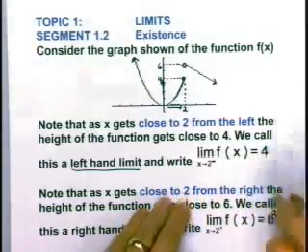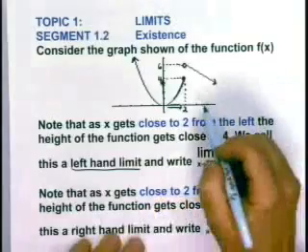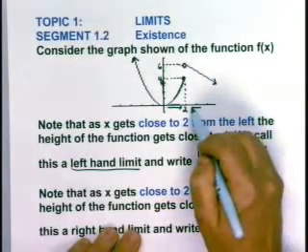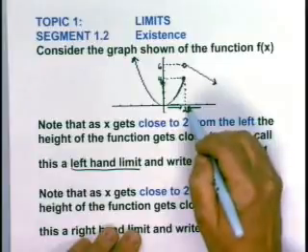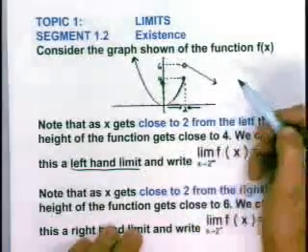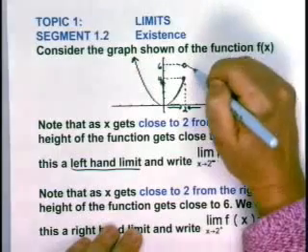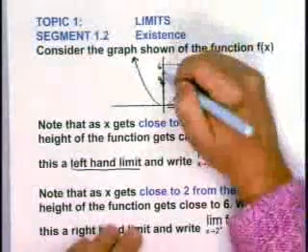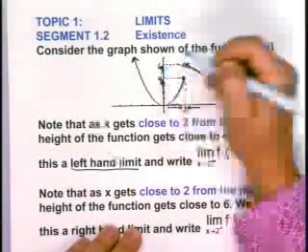equal 4. Notice that as x gets close to 2 from the right side, so the x values would be moving like this, approaching 2 from the right side. The function is moving in this direction, and the function values are approaching 6.